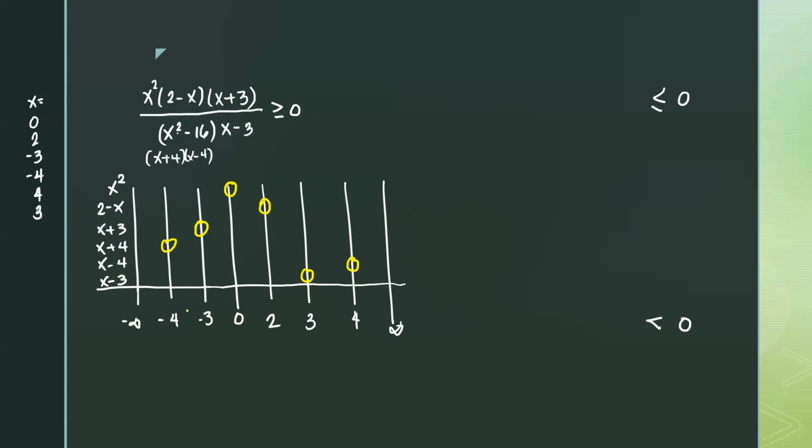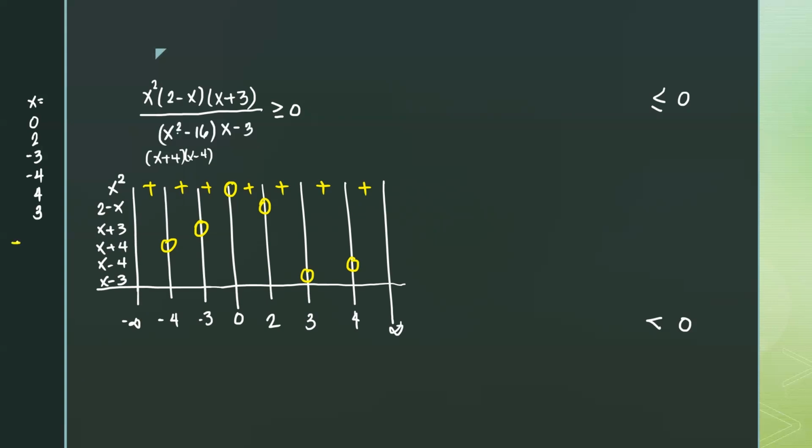You understand, no? It's clear. Okay. So what happens since the first term is x squared? What happens, guys? Since the first term is x squared, always positive. Very good. So I will put positive right away. Okay, no problem with that.